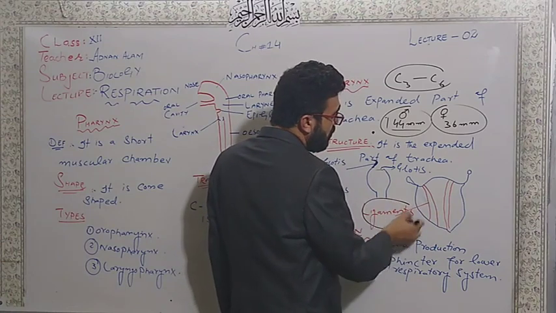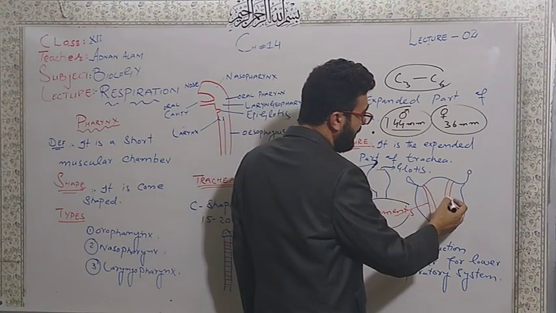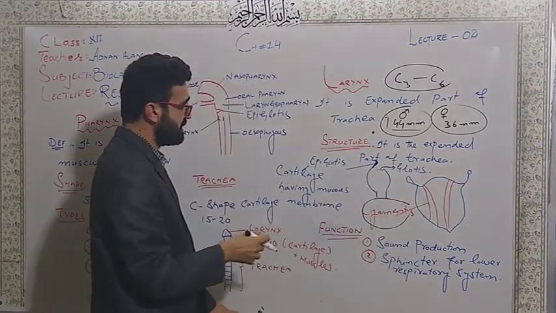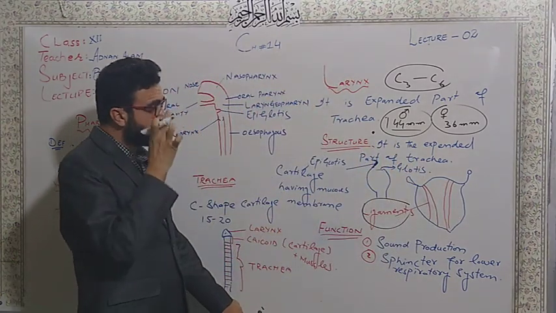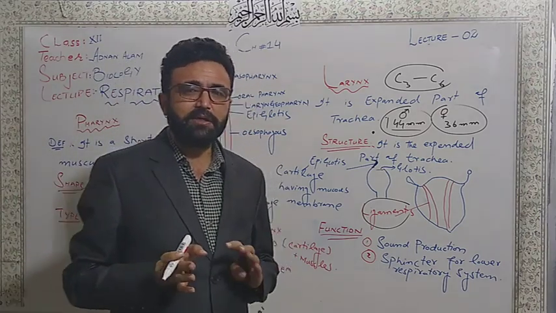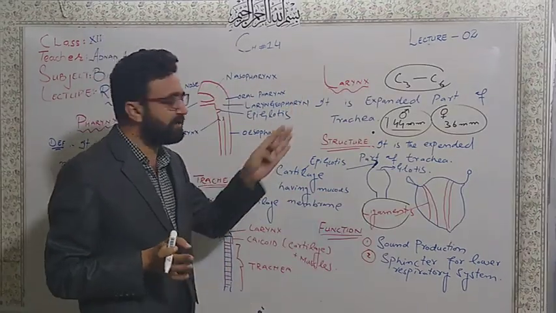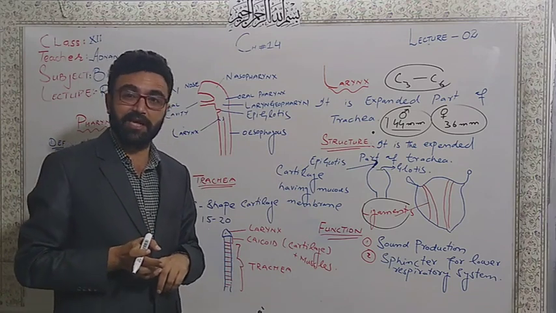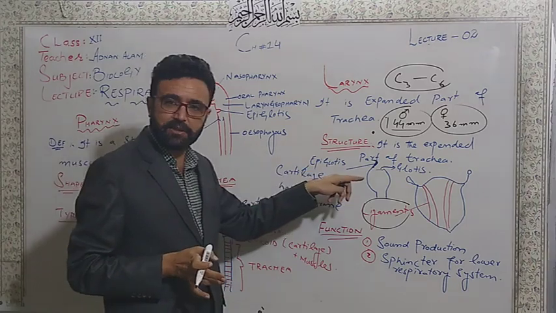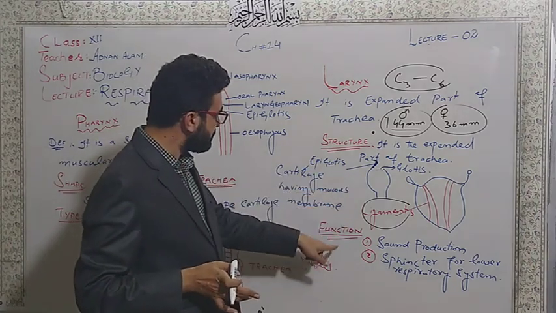It has two pairs of ligaments present. Actually, the main function of the larynx is sound production. Dear students, just like that, another structure is present in the birds also, which is called the syrinx. The syrinx is present in birds and the larynx in the mammals.